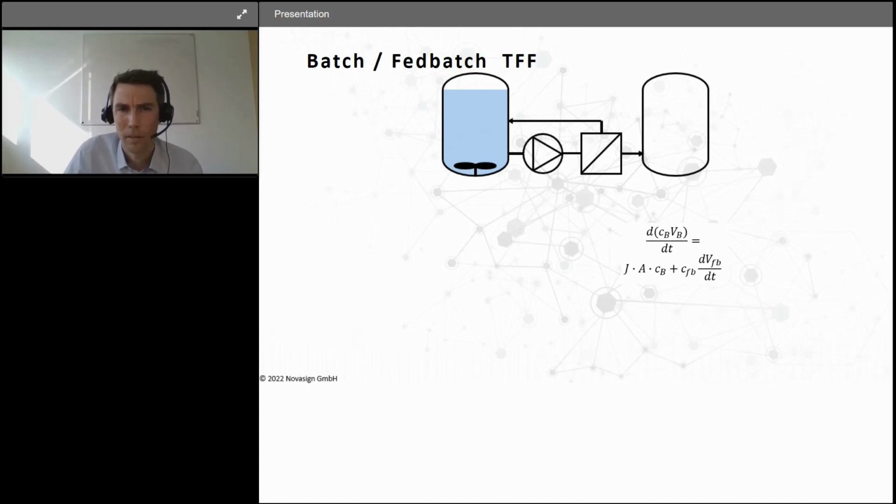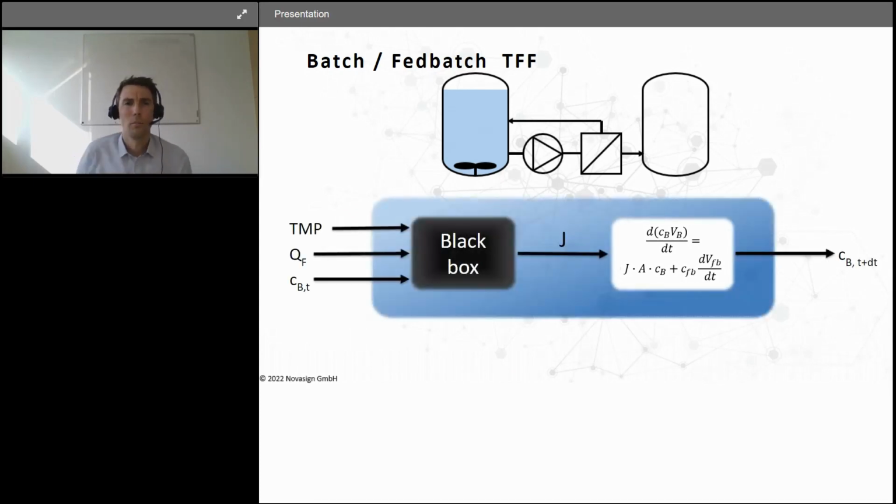When thinking about the fed batch model, basically what we did here is we changed the 3 parameter combinations we were interested in. It's the TMP, the cross flow, and the starting concentration of our target protein. Then we let an artificial neural network predict the flux at each parameter combination, and we put this flux into a mass balance.